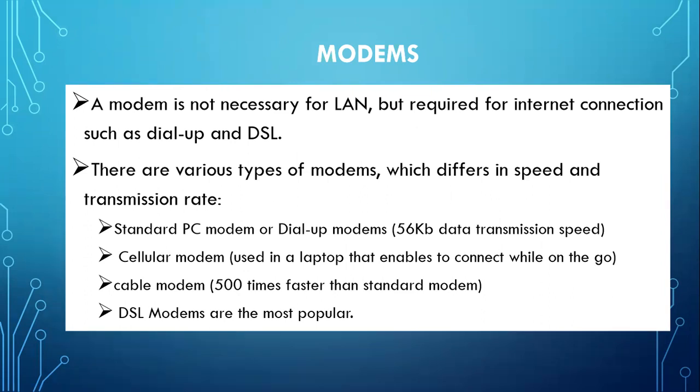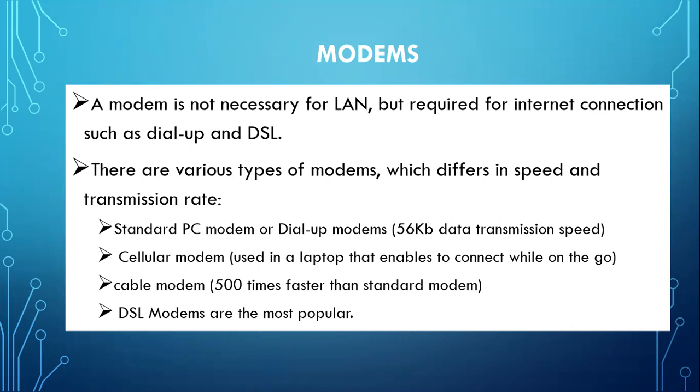Now there are various types of modems which differ in terms of speed and transmission rate. Here are some of them. You can see them and differentiate them in terms of their access speed and how they transmit on the network. The first one is the standard PC modem, or dial-up modem, that has a 56 Kbps data transmission speed.